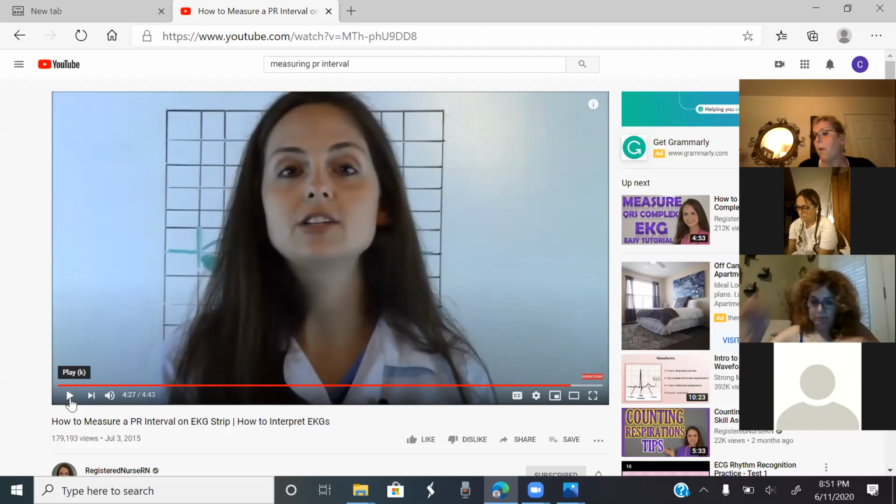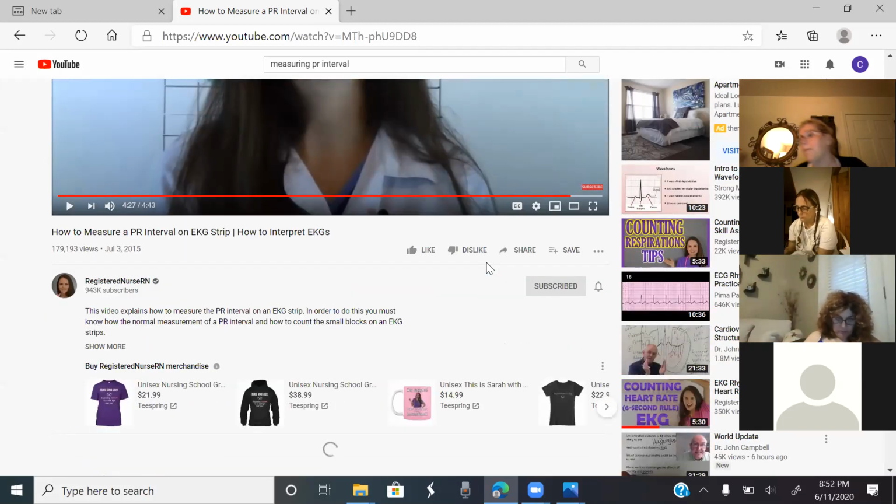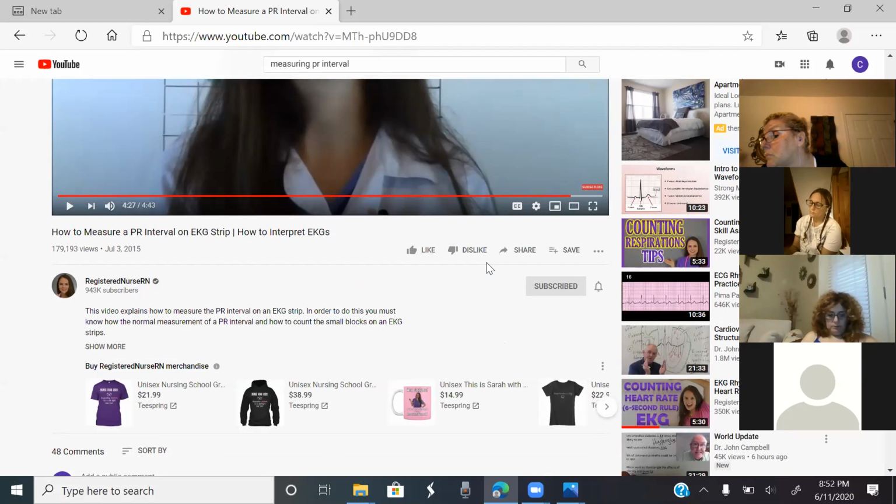Okay. So how about measuring the QRS? Does everybody get that? Do you know how to measure that one? So look on page 92 and tell me what number 1 is. What's your QRS?